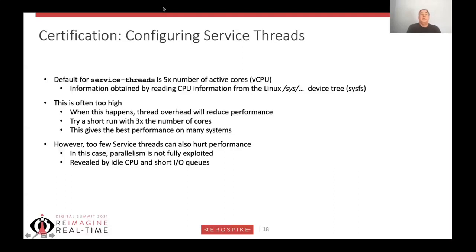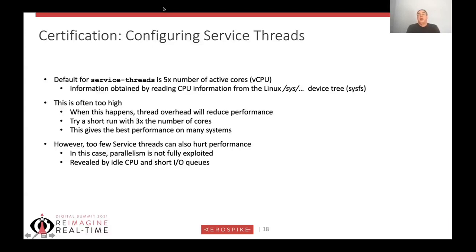The thing with service threads is if there's too many, you're inducing a lot of overhead, because essentially you have too many threads, but you still have to schedule them. That's going to reduce performance. A good rule of thumb would be to reduce that to 3x the number of cores, or even start there. On a lot of systems, the best performance is closer to 3x.